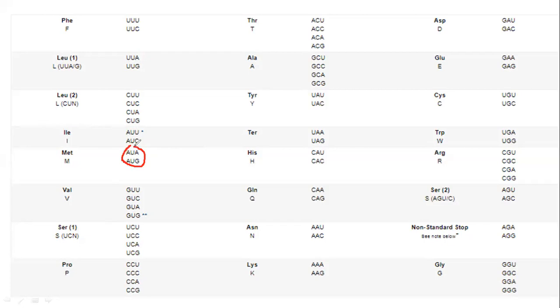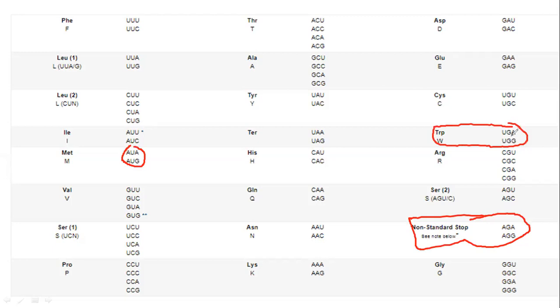There is a deviation, and AGA and AGG are stop codons for mitochondria. And here, UGA actually codes for tryptophan instead of stop codon, right? So these are major deviations in the mitochondrial genetic code.